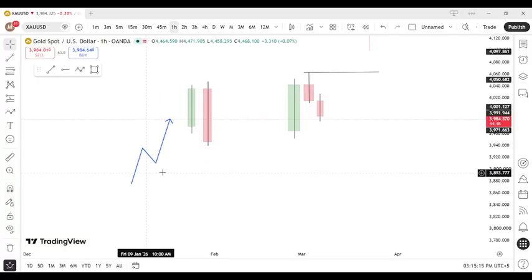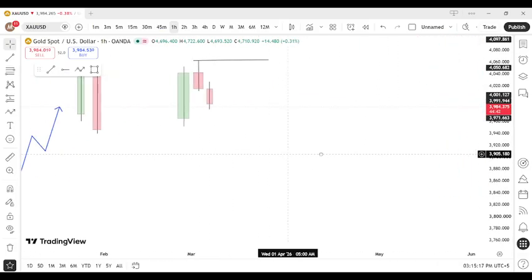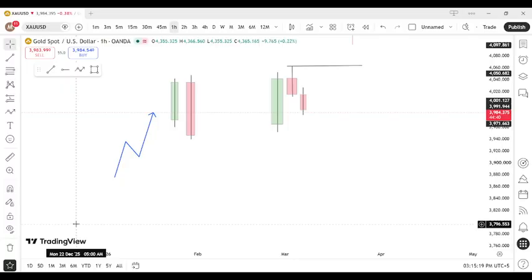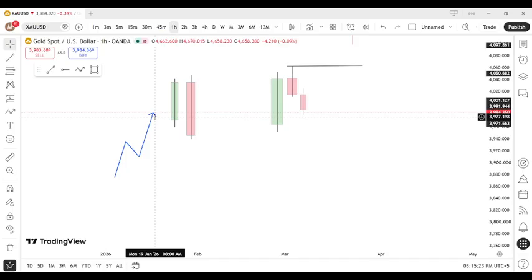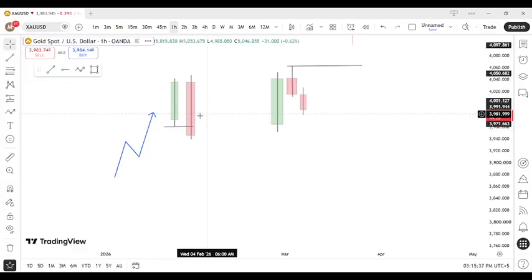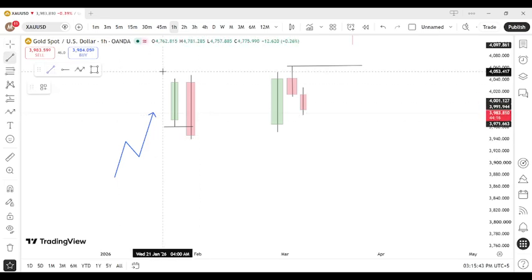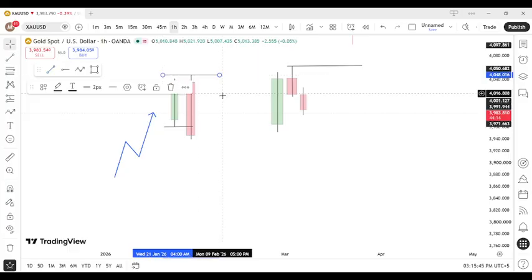Now let's start with the bullish market we discussed previously. If we are moving upward, making higher highs and higher lows, and at the end, for example, we have this green candle and this green candle, and the low of this candle is broken by the body of the red candle, then we say that this is the high of the market.